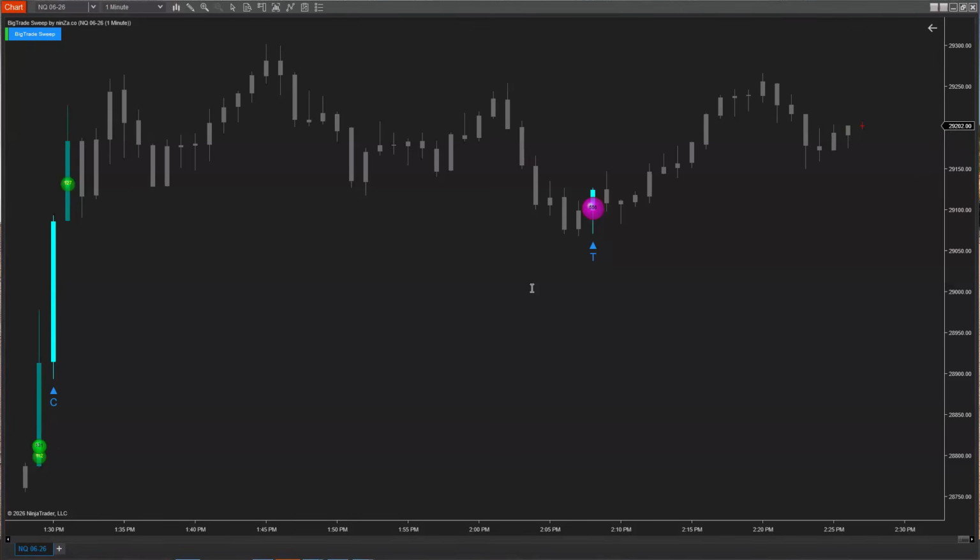Now, let's say you have an indicator that at the same time paints a short signal. This might be the confirmation you need that indeed it's a good time to try and short this market, which is probably going to go lower.